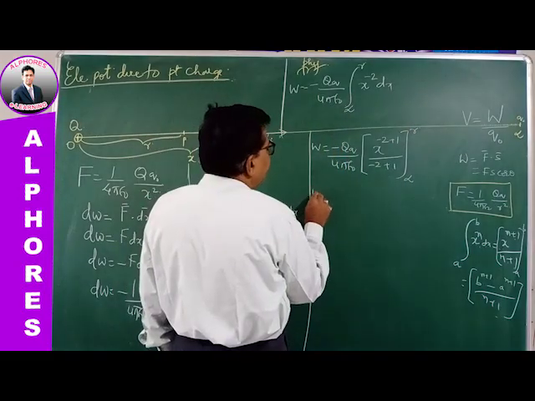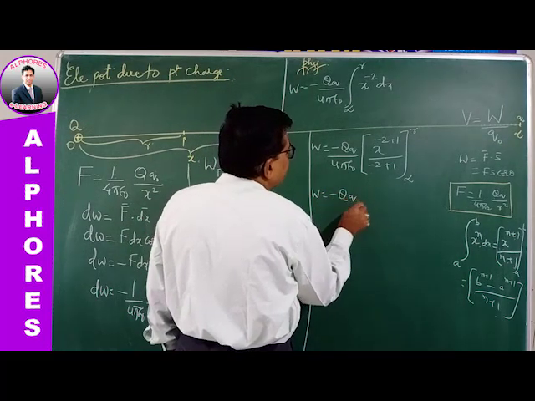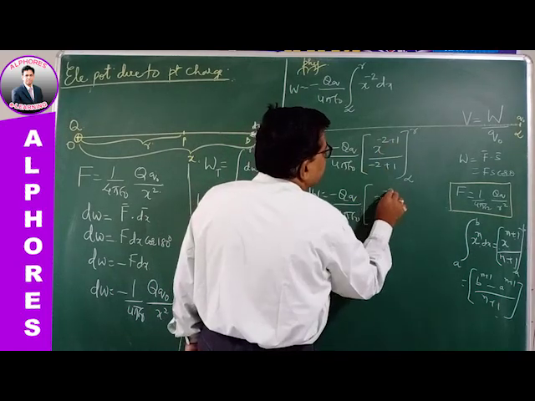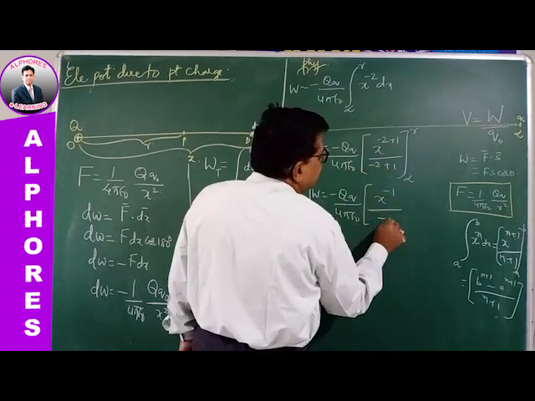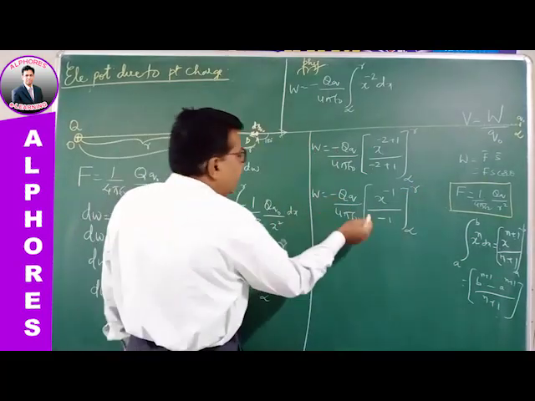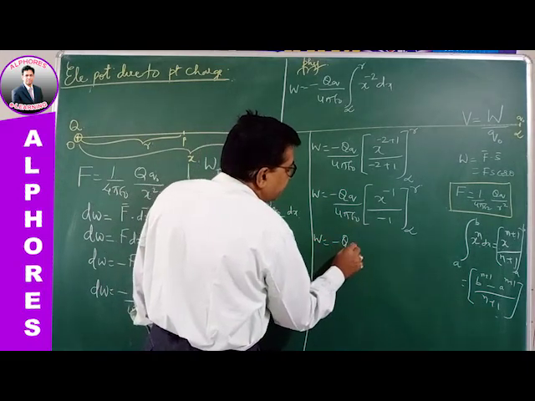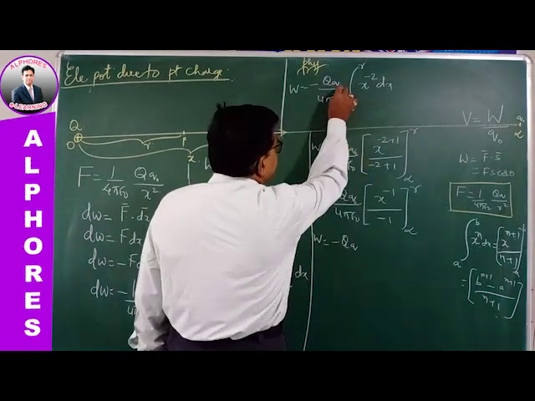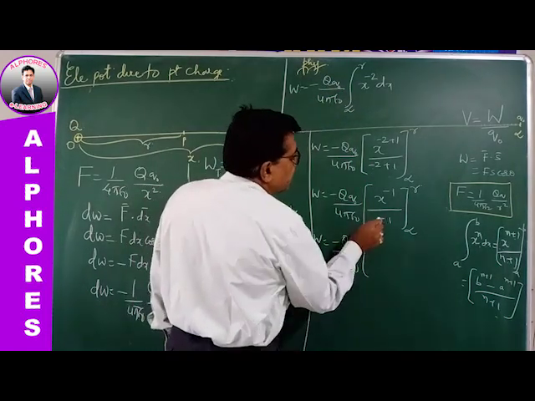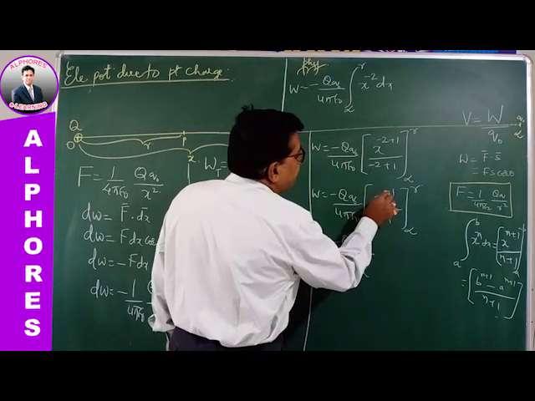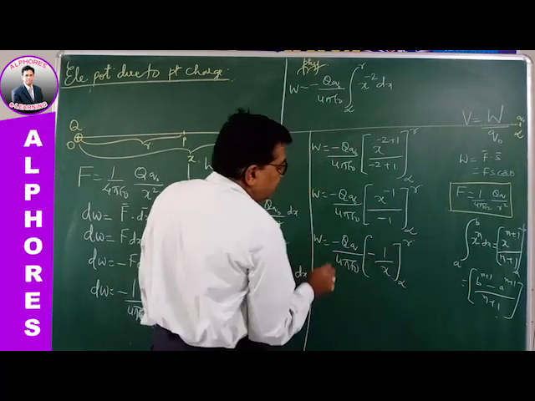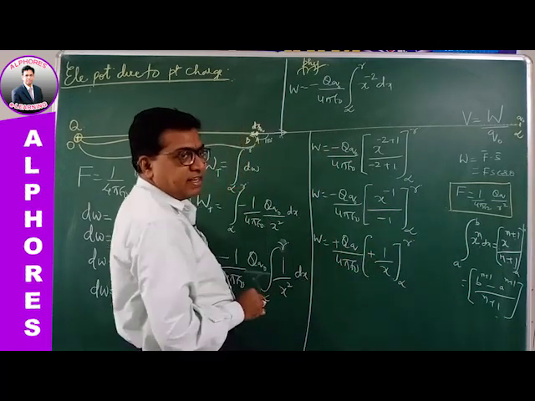Simplifying, W I get as minus capital Q small q by 4 pi epsilon naught, x power minus 2 plus 1 is minus 1, here also minus 2 plus 1 is minus 1, from infinity to r. Again simplifying, W is minus capital Q small q naught, this is test charge please, q naught by 4 pi epsilon naught into, now this is minus 1, so it is minus x power minus 1, I can write as 1 by x, infinity to r. Well, this minus and this minus I can cancel.